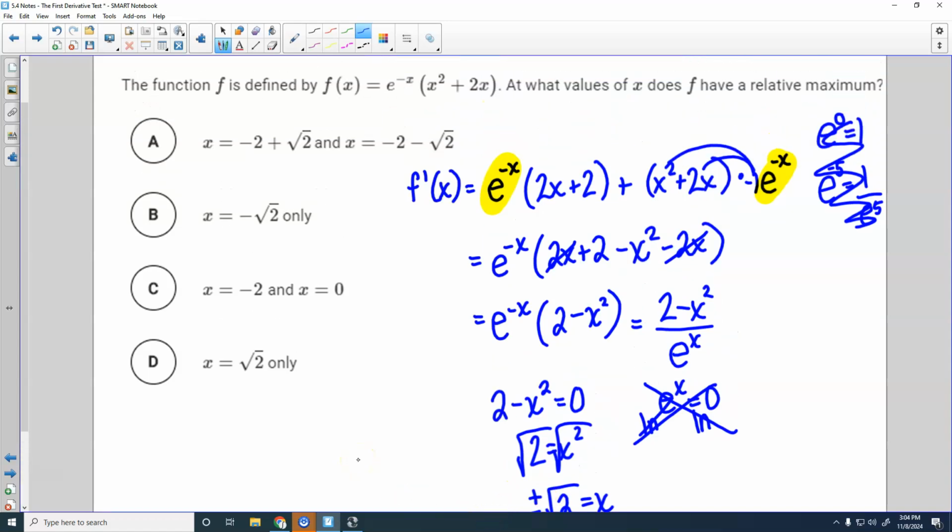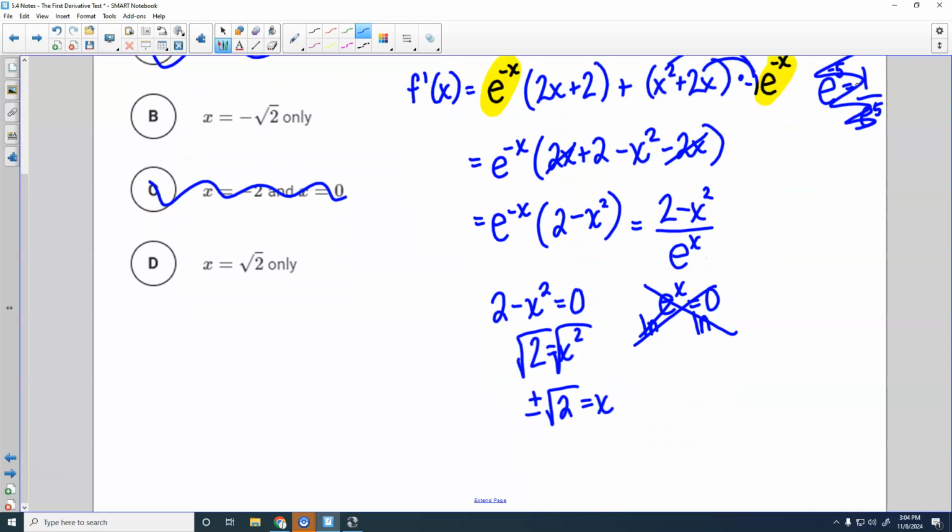So I could pretty much narrow this down to A and B, right? Because it's going to be the critical points, which means, I'm sorry, B and D, not A and B. It's going to be one of these two, but I need to know which one is a maximum, so I've got to do a chart to figure out which one switches from positive to negative. So if I make myself a chart here, I've got negative square root of 2 and positive square root of 2.